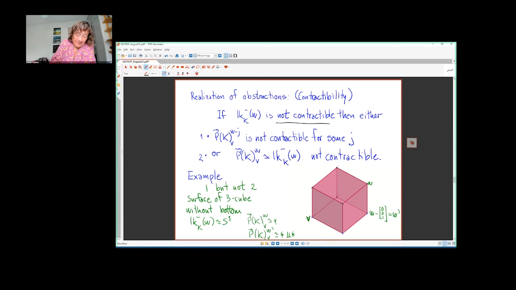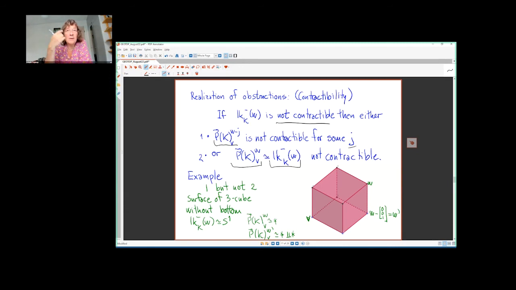Either one of the path spaces right below it, going down by one of these 0,1 vectors, is not contractible, or if they are all contractible, then this path space is non-contractible, because then it's homotopy equivalent to the path link.